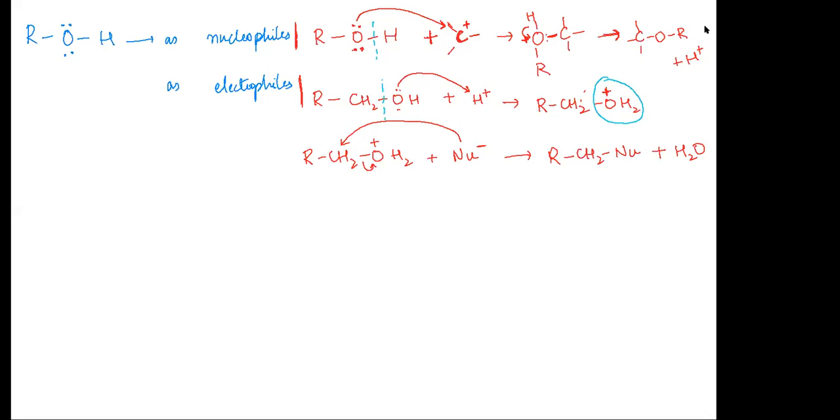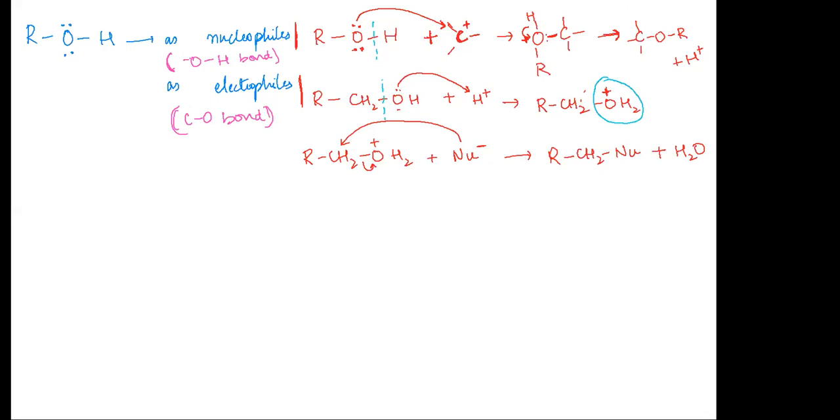Okay, so these are like the two sets of reactions you can observe. So when alcohols act as nucleophiles, you will observe the cleavage of OH bond, and when they act as electrophiles, you will observe the cleavage of CO bond.